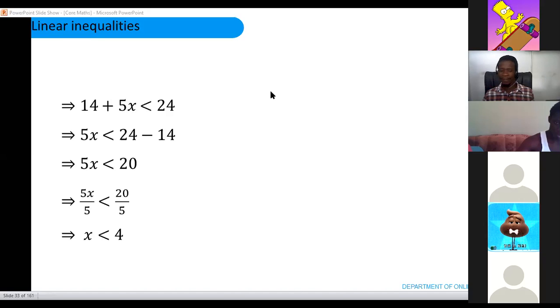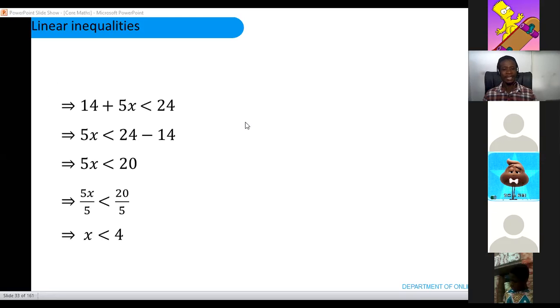When we simplify further, we need to separate them from here: our constants to one side, and the ones without constants to the other side. So we have 5x is less than 24 minus 14. Then we simplify, which will give us 5x less than 20.